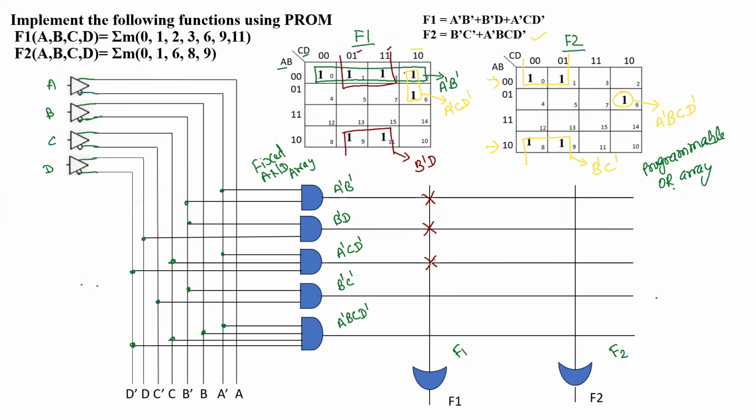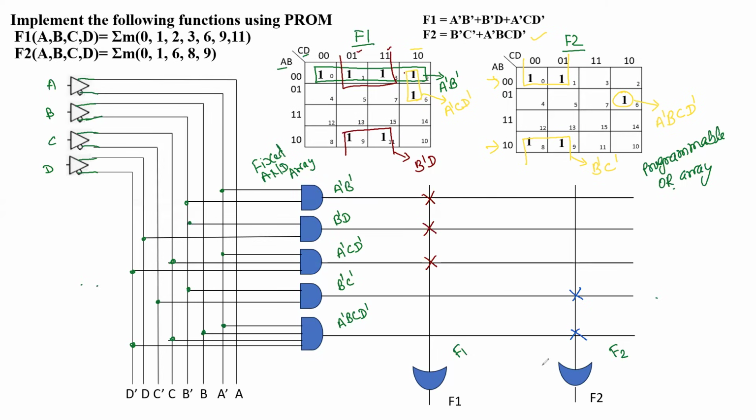So now F1 we have marked. Next we have the function F2. In case of F2 again, we have to mark it carefully. For F2, the product terms are B dash, C dash, and the second product term is A dash, B, C, D dash. So both these product terms we have marked here.